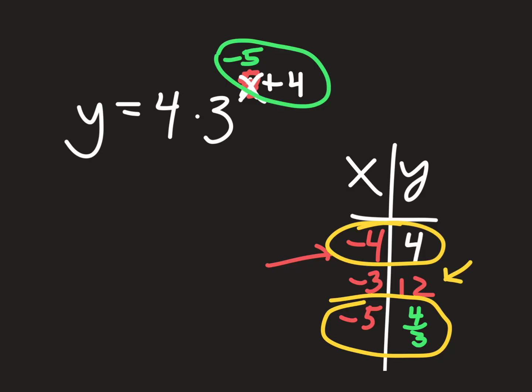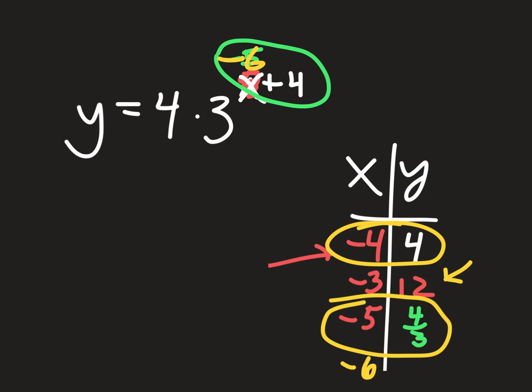I got a calculator, so I can put in anything I want and get anything I want. I tried 3, 4, and 5. Maybe -6. That's going to be 3 to the -2.